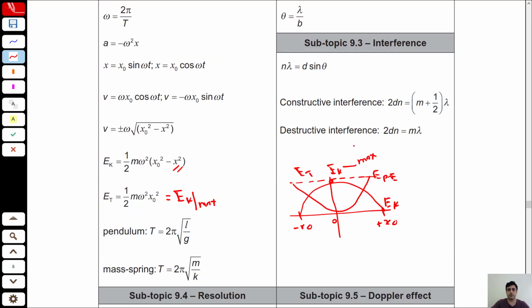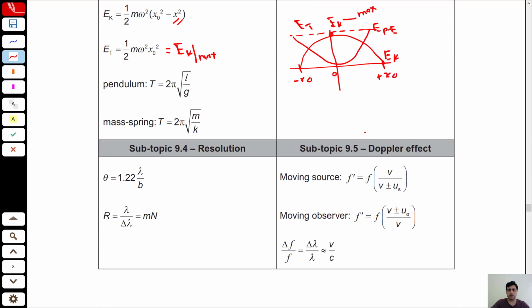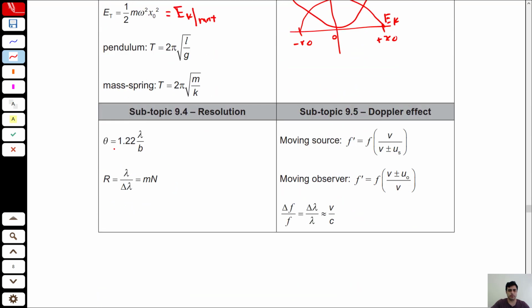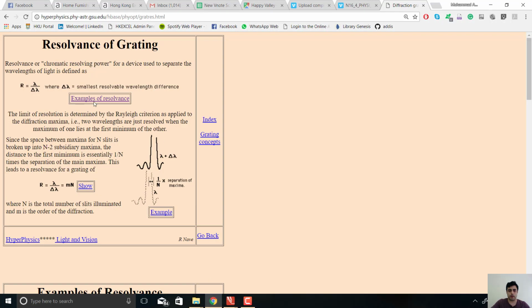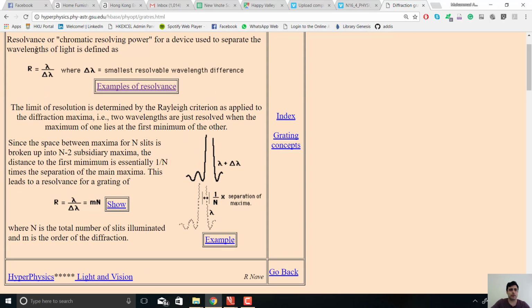So we are going to use this equation. This one. R equals lambda over delta lambda equals mN. Let me give you a brief lesson on what this equation is about. It's the resolvance of a grating. The resolvance, or chromatic resolving power, of a device used to separate the wavelengths of light is defined as resolvance.